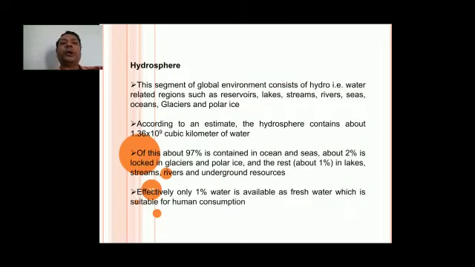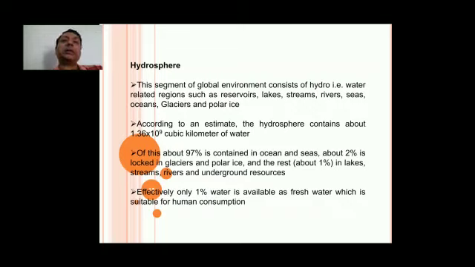Hydrosphere. This segment of global environment consists of hydro. Hydro means water. Water related regions come under this hydrosphere, such as reservoirs, lakes, streams, rivers, seas, oceans, glaciers, and polar ice.